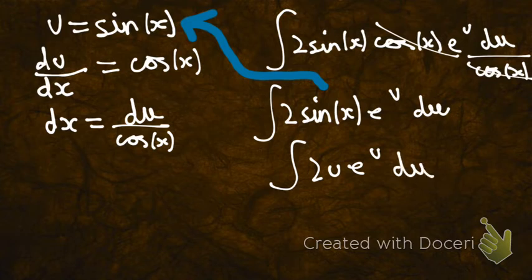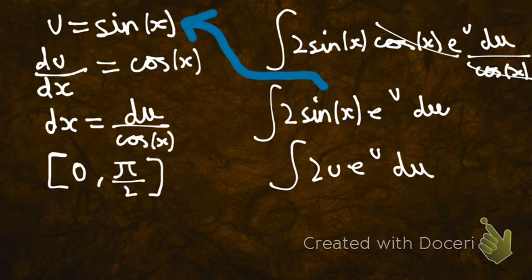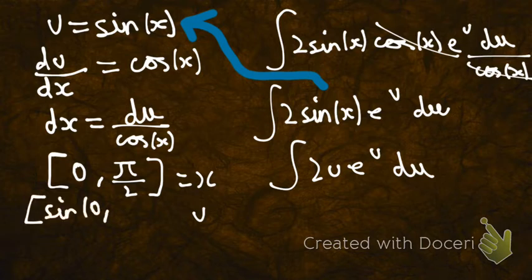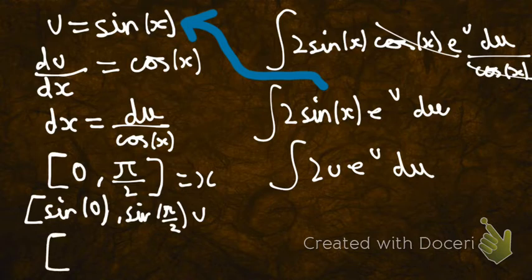But we had bounds. This is not an indefinite integral after all. Therefore, let's get them. Our original ones were 0 and pi by 2, but these were x bounds. Now our u bounds would be sine of 0 and sine of pi by 2, which are nothing other than 0 and 1, respectively.